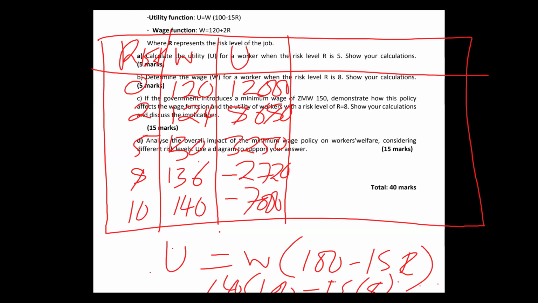That's the level of disutility that we actually have. So at 8, that's where the company should try to minimize the risk when it goes negative. Yeah, it is now going negative.